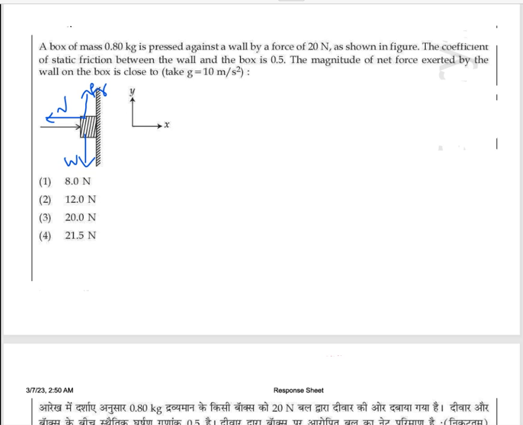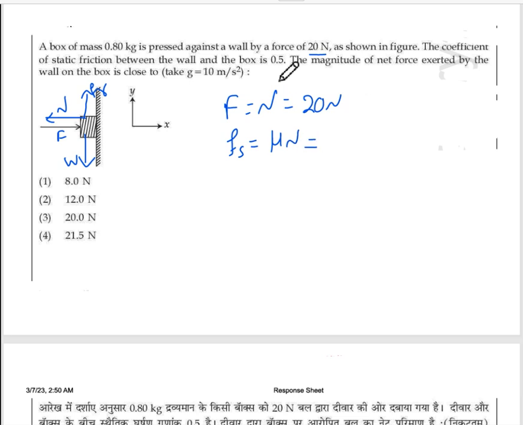The applied force is equal to the normal force acting on the object, which is 20 newton. Now we calculate the frictional force Fs. Frictional force will become mu into normal force.